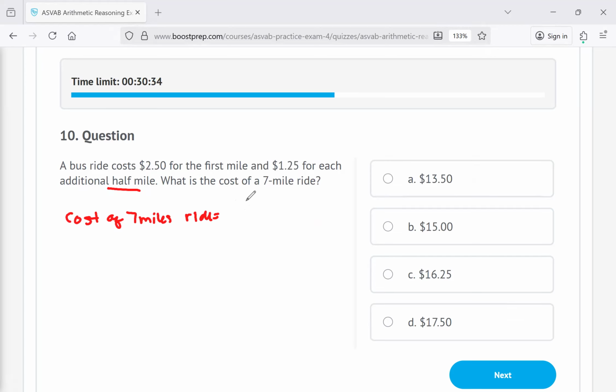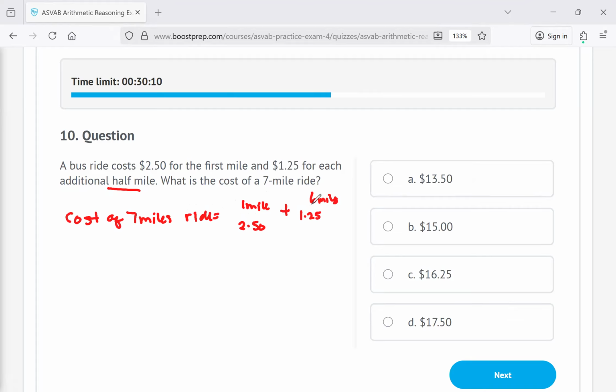So for 1 mile, it was given as 250 plus, and then we're going to need an additional 6 more miles, right? So we know that it's $1.25 for each additional half a mile.